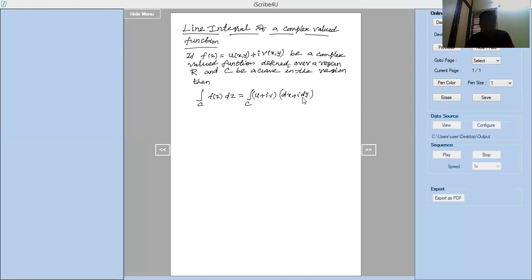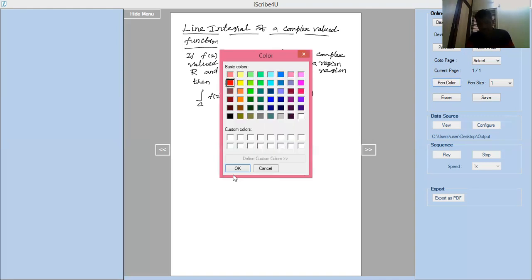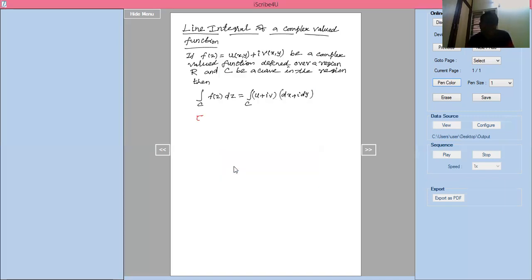Now, first evaluate the integration over c of z square into dz. This is the given curve.